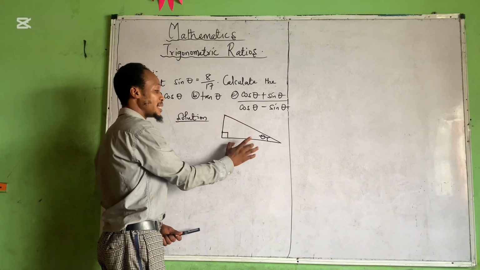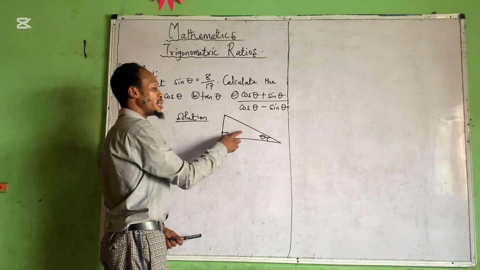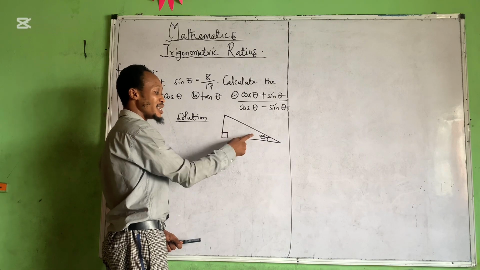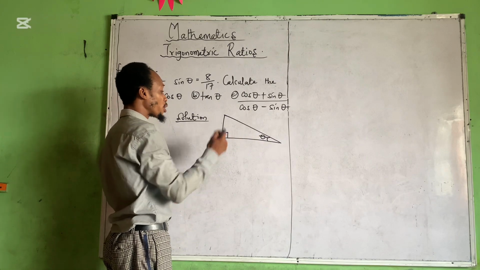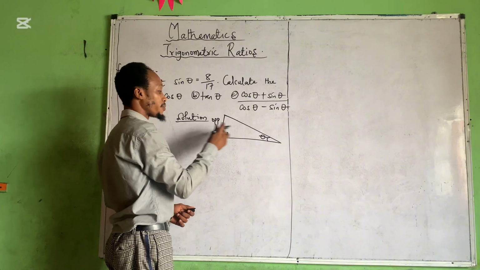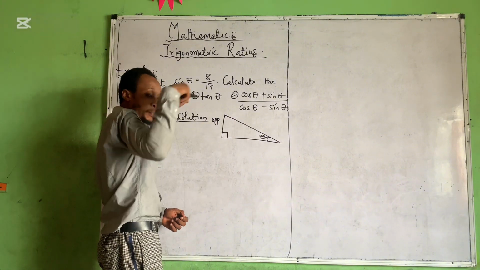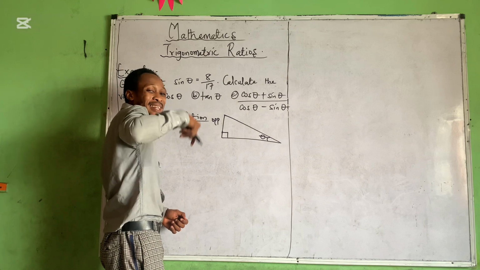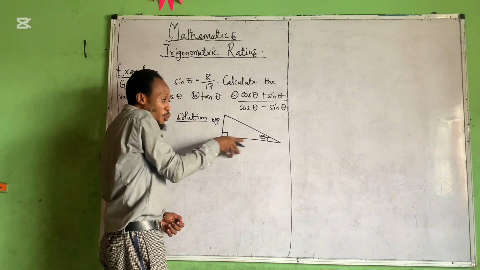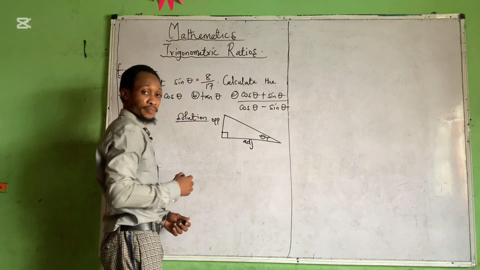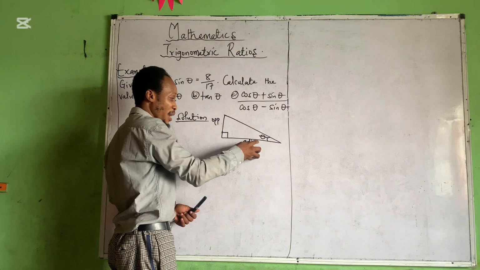To number these sides, the side facing the angle theta is called the opposite, because it is the one facing the angle theta. The place where the angle theta is lying is called the adjacent, because that's what it is lying on.